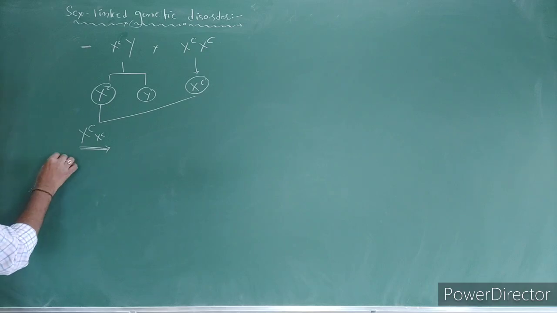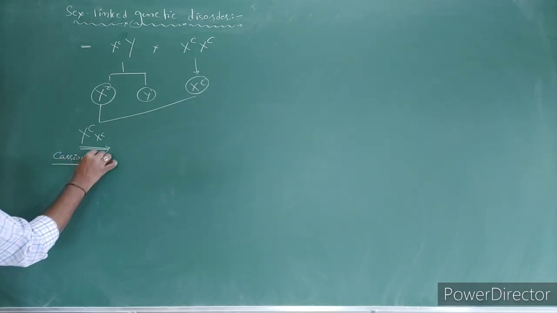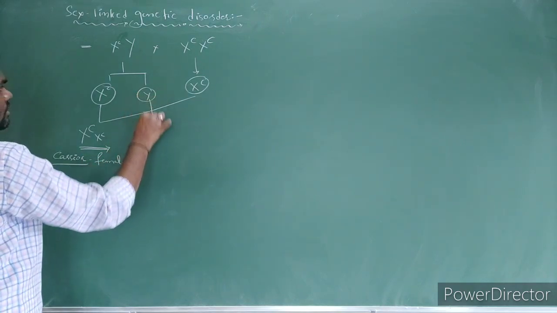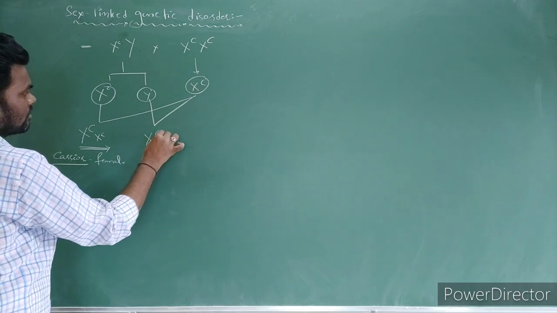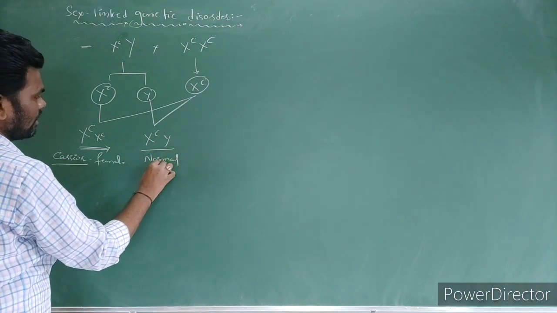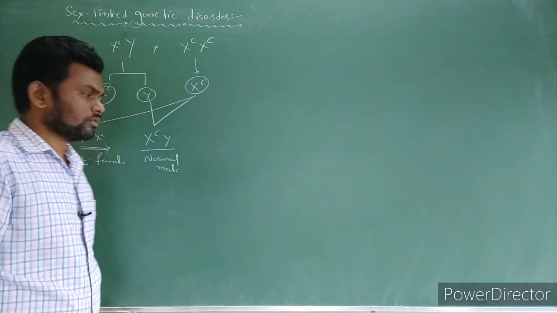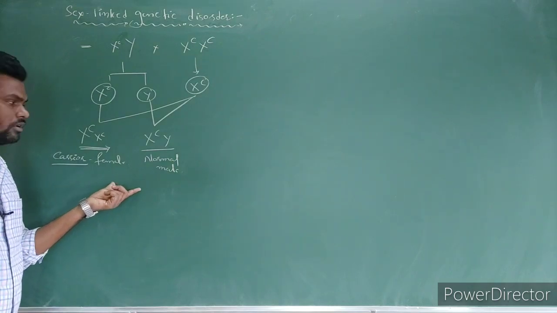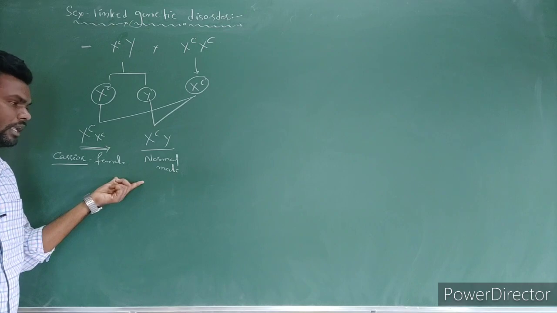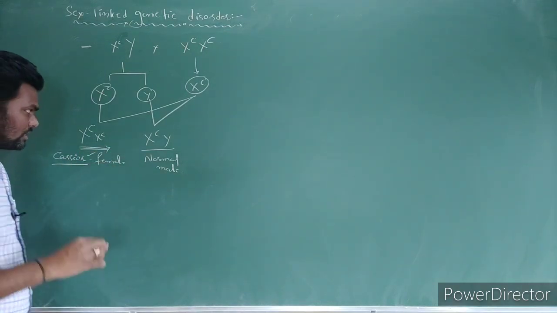This is carrier female, and next this one is normal male. So in this cross, no progenies are suffering from the disease, all are normal. Carrier also is normal.